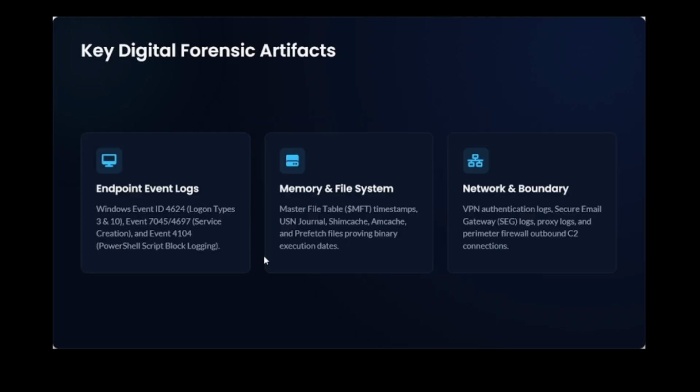Now, this is by no means in depth, but these are some key digital forensic artifacts to look for. You've got several here on the screen. You've got endpoint event logs with different Windows event IDs that you can go out and look for, like 4624, which is logon types 3 and 10, event 7045, which is one of my favorites to go look for.